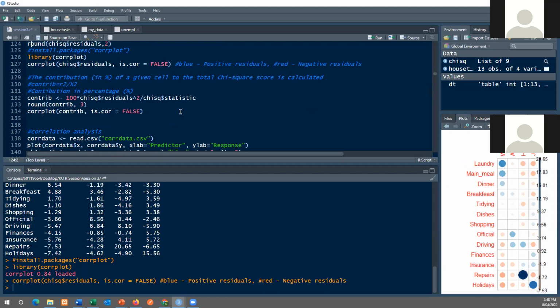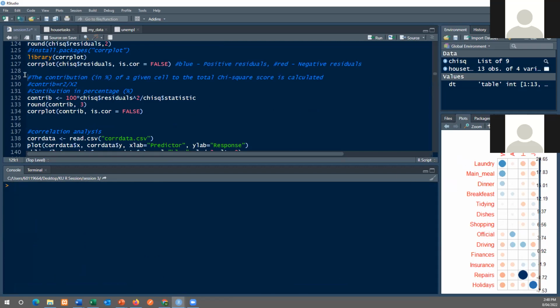Now, to see which factor is actually contributing highly in this statistic, we can do the correlation plot based on the contribution factor. The formula for the contribution factor in terms of percentage is this statistical formula.